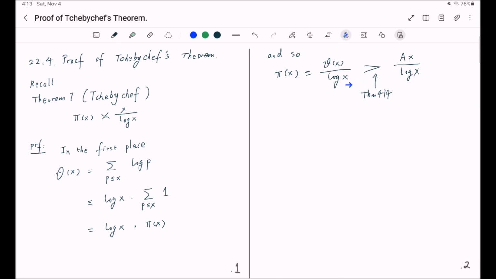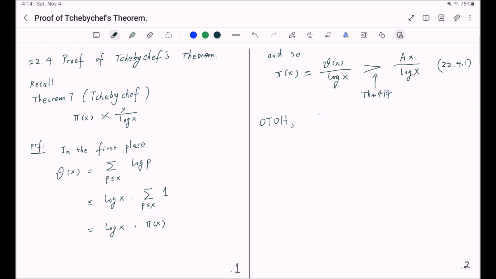And this proves the lower bound for pi of x. Namely, pi of x is bigger than some constant multiple of x divided by log of x.